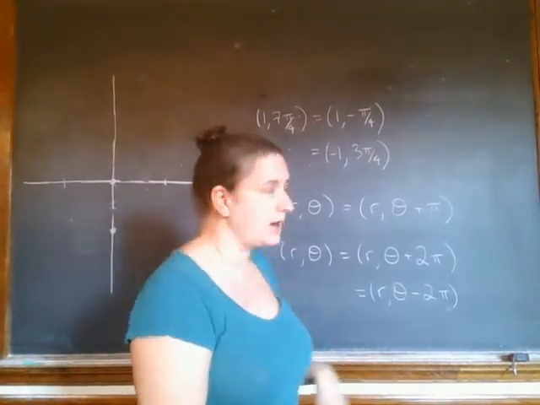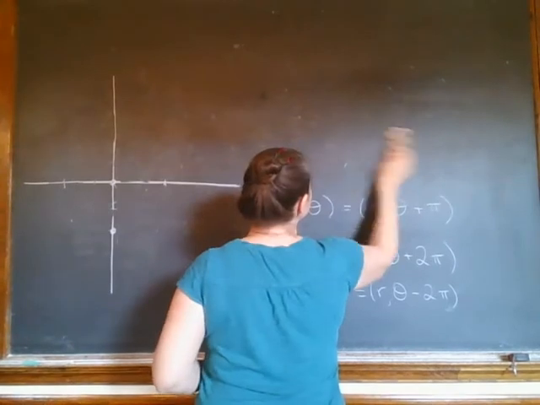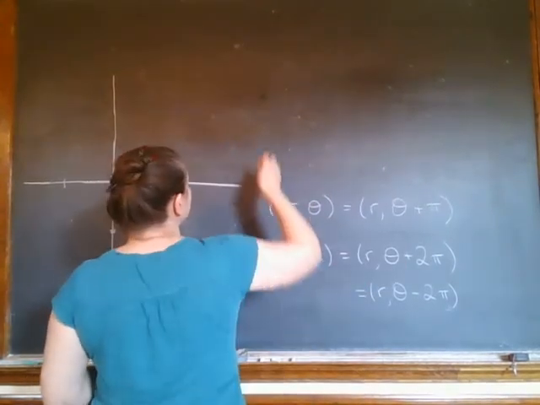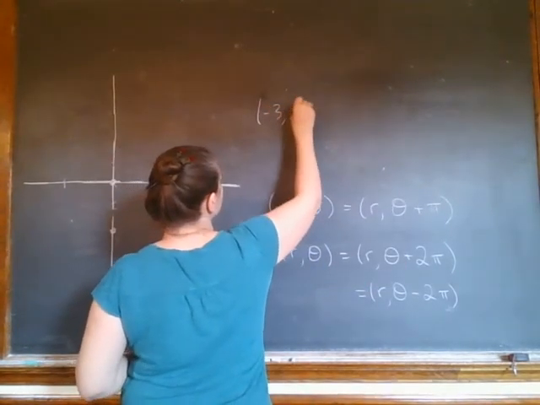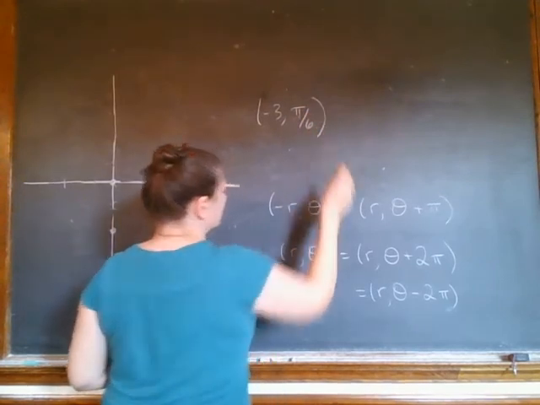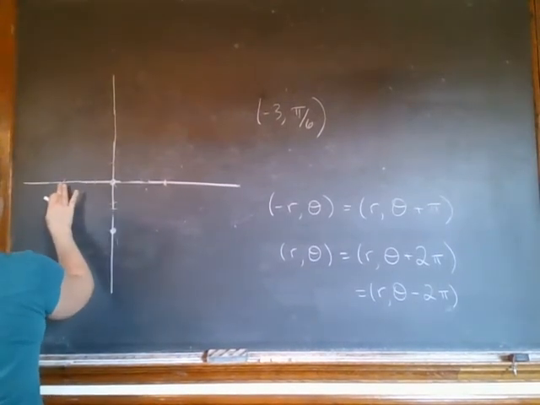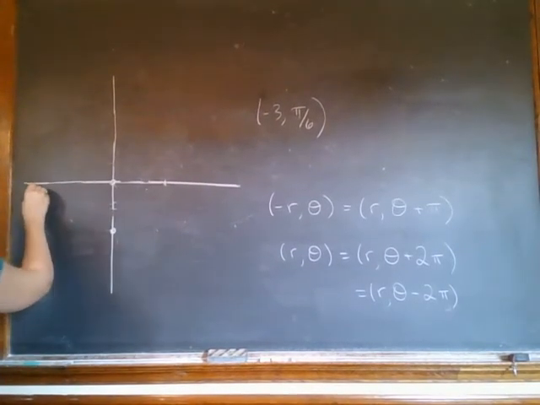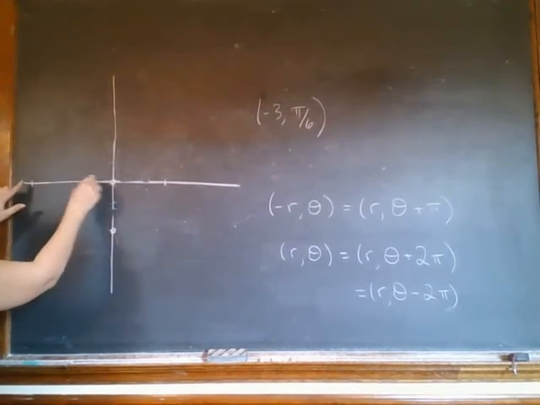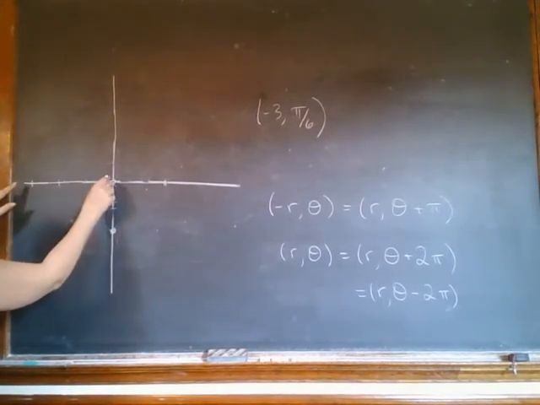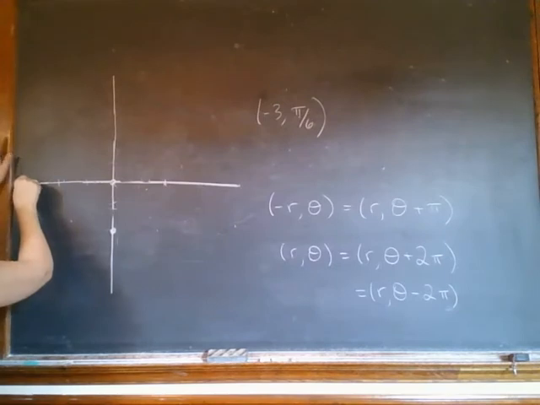Let's see. How about negative 3, pi over 6? So if I think about it in terms of moving with the negative 3, I'm going to go out here to 3, but I'm going to go a distance of 3 in the negative direction, so this would be my negative 3.